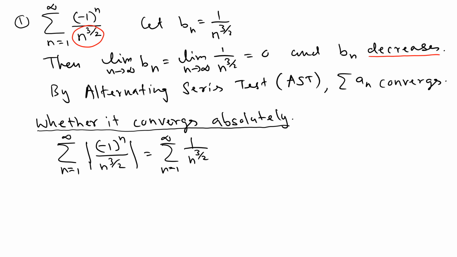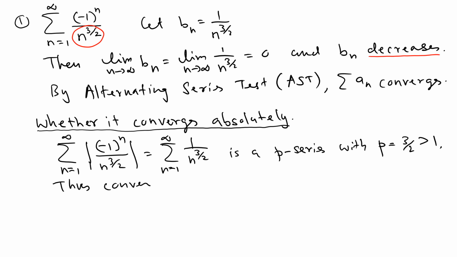This is just a p-series with p equal to 3 halves, which is greater than 1, thus it converges. So the absolute series also converges, which means the original series converges absolutely.